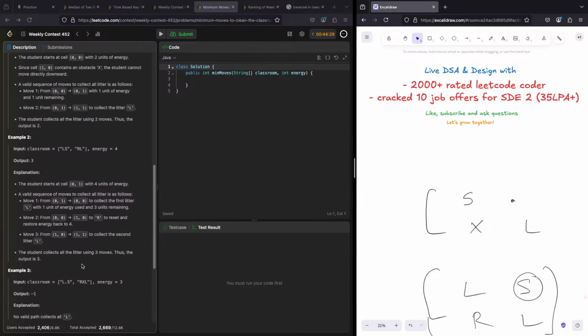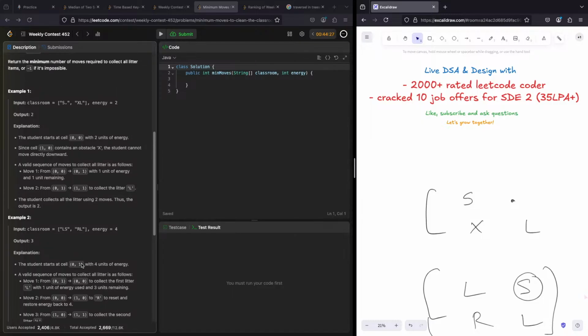What if I do a DFS, brute force, right? So you start from here, you can go to this also, you can go to this also. In the end, how do you know that the litter is minimum, that you can know by if it is already collected, right? If it is visited, but there could be different paths also, right?